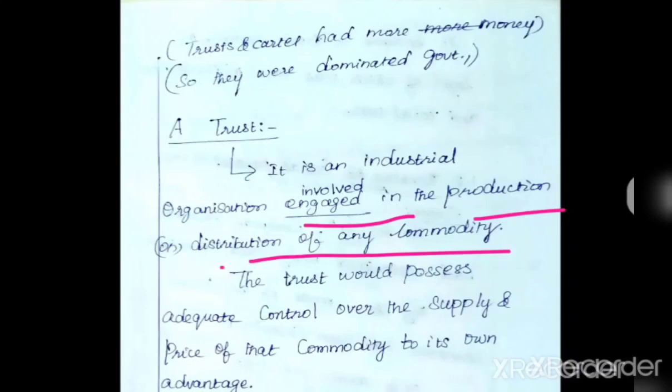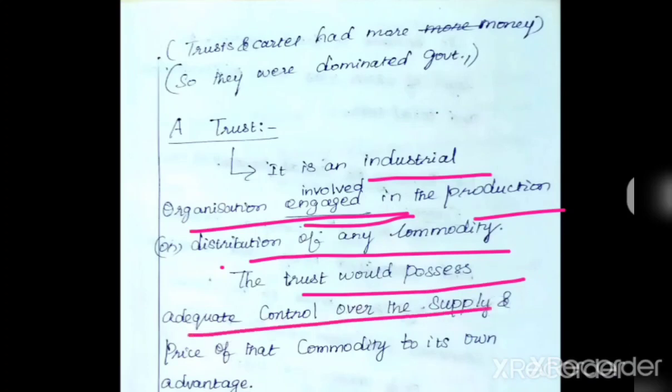It is an industrial organization engaged in the production and or distribution of any commodity. The trust would possess adequate control over the supply and price of that commodity to its own advantage. So this is the thing. Yes, the trust had a power, they had a right to fix the price of the goods and services. So that's the thing, children.